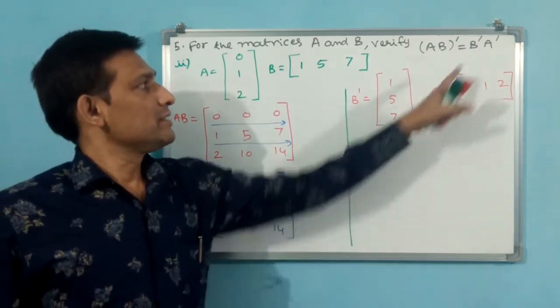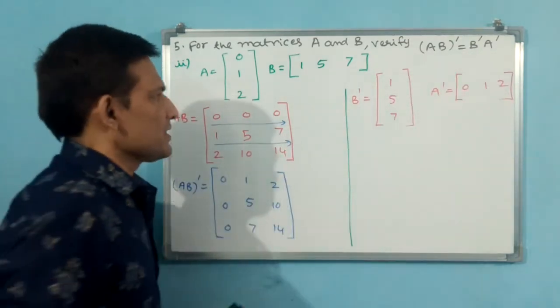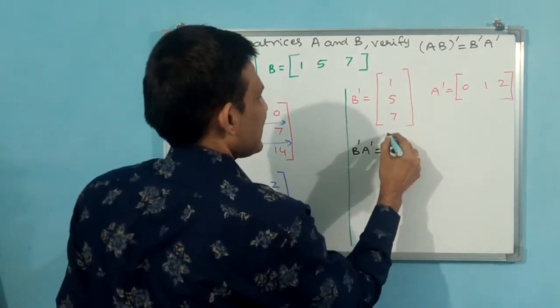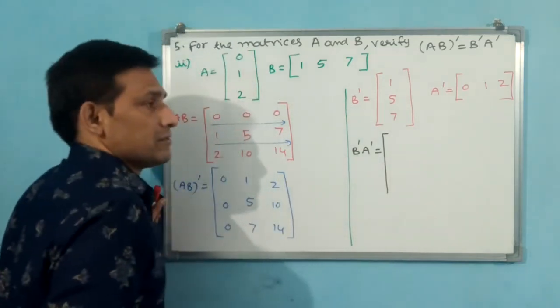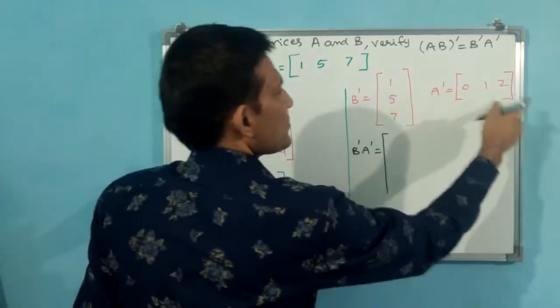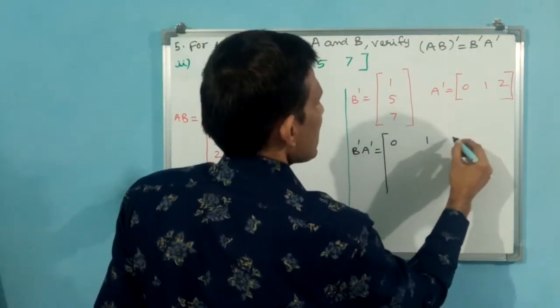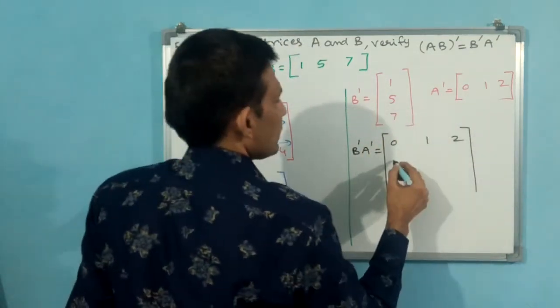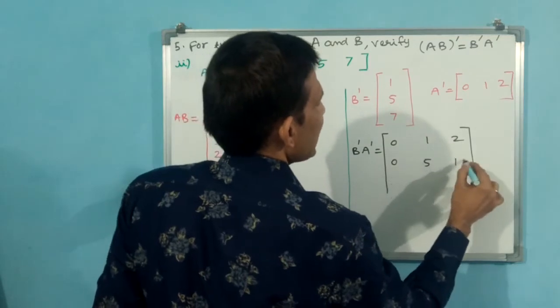Now what do you have to do? You have to multiply these two, B transpose, A transpose. Let us do it. With 1 we are doing means the same is going to come: 0, 1, 2. With 5 you are doing: 0, 5, 10.